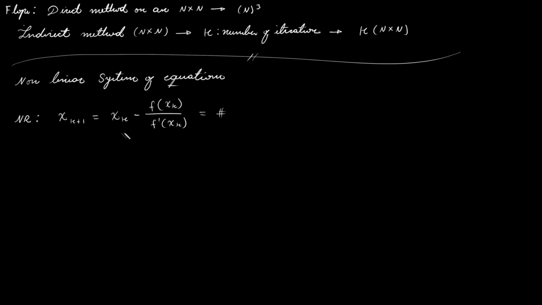Now, instead of doing that, and this is where the notation is going to change, all x's are now vectors. x is a vector, and the function is a vector. When you evaluate the function, you obtain a vector. You cannot take a vector and divide it by another vector. So when we're dealing with a system of equations, I'm going to have a new solution vector.